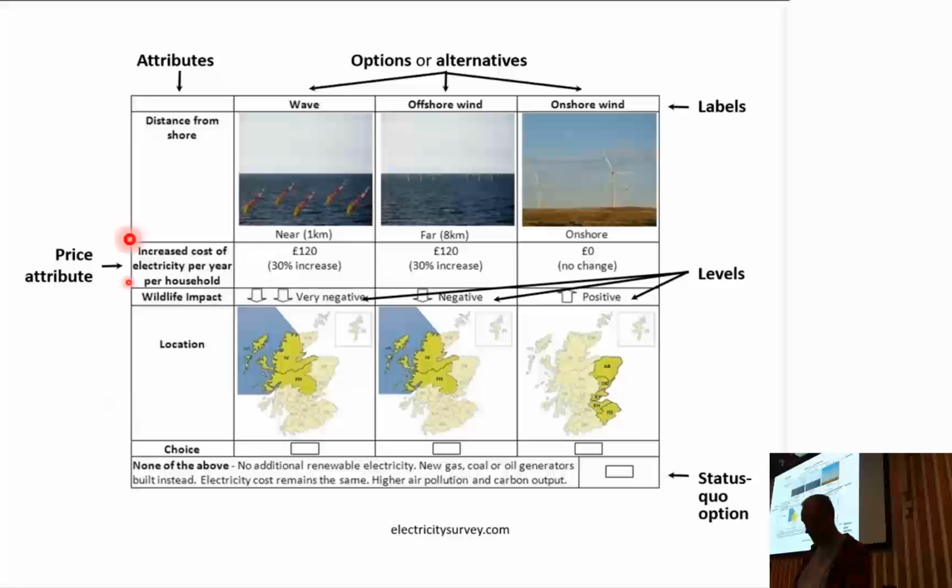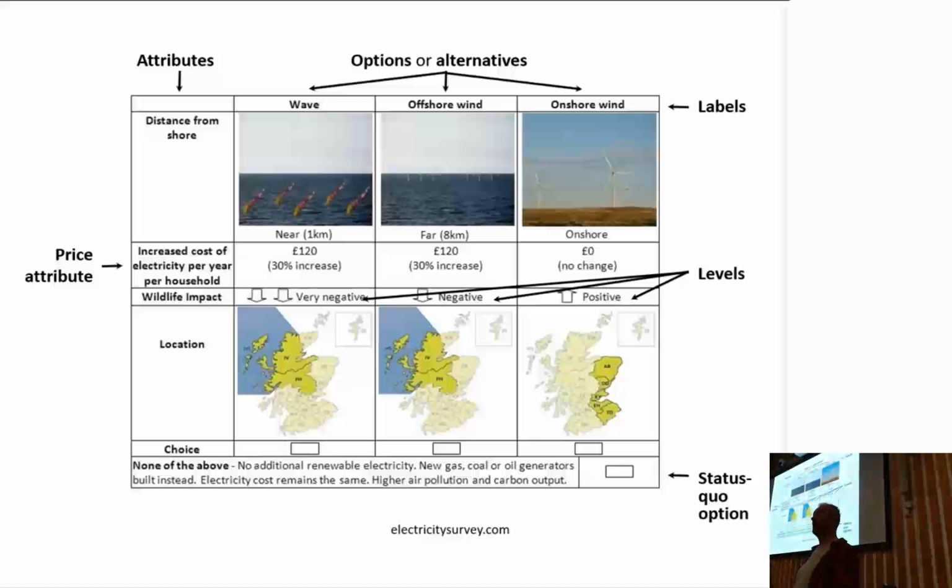You have your various attributes, the things that you care about. Again, you can have 4 of them or 5, but you can't have 80. So you need to make a choice there. How many you're going to include, what are the key attributes, right? And then you present all of them at different levels, 120, 120, 0, right?